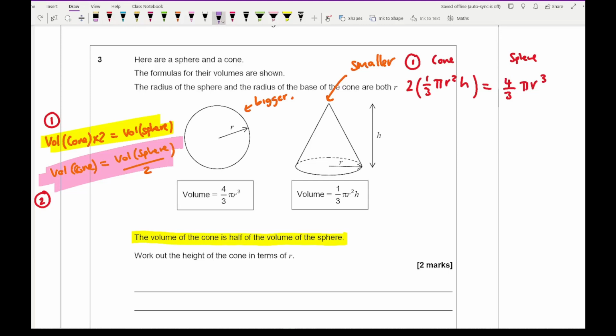Expanding it out, I get 2/3 pi r squared h equals 4/3 pi r cubed.